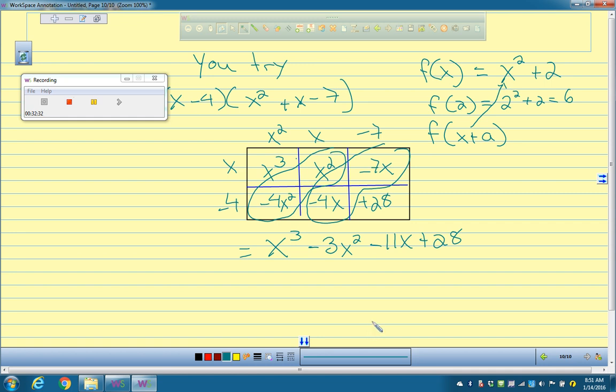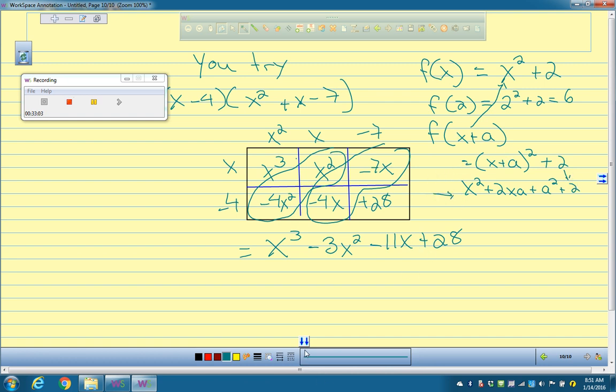So if you see something like this, which you probably will, f of x plus a means x plus a squared plus 2. And if I FOIL this out, I get x squared plus 2xa plus a squared plus this 2. Okay? This is what f of x plus a means.